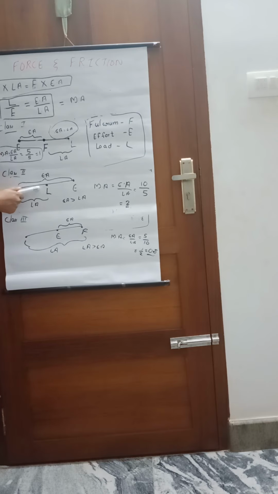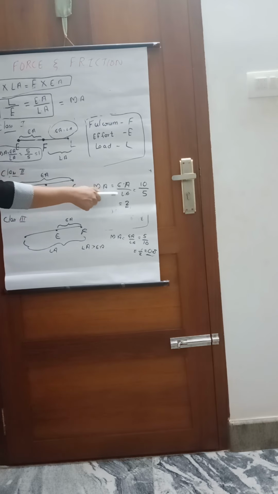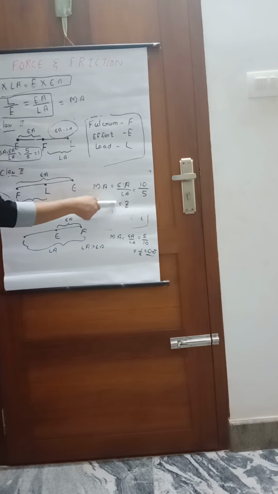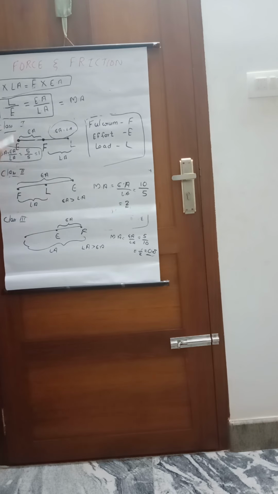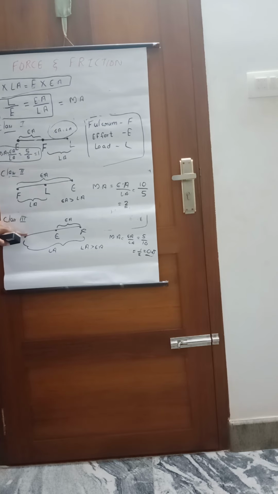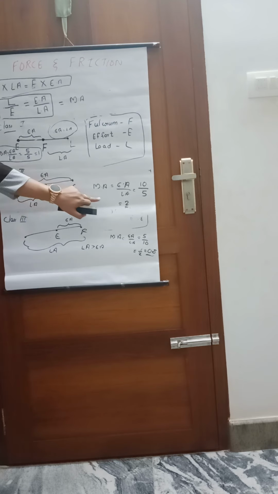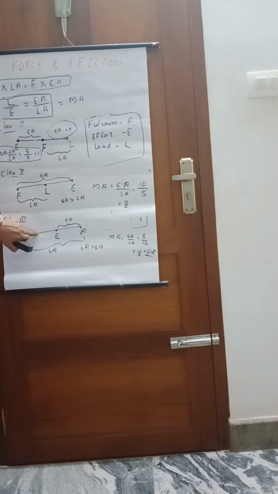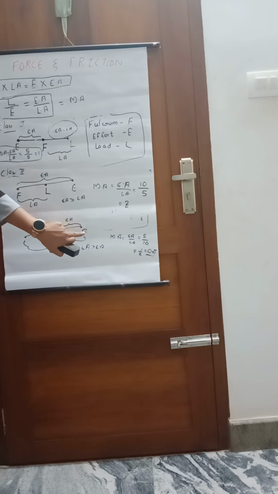Here the effort arm is greater and the load arm is less, so we got more mechanical advantage, that is 2. And here, since the effort arm and load arm are equal, the mechanical advantage is equal to 1. So we get three conditions. If the effort arm is greater, then the mechanical advantage will be more, and if the effort arm is lesser, then the mechanical advantage will be less.